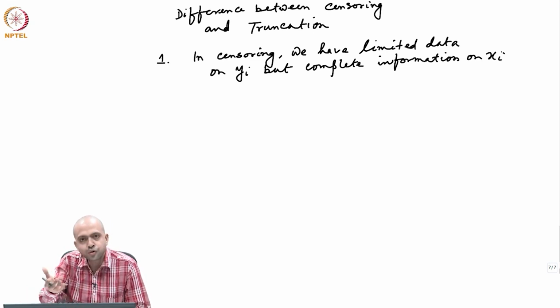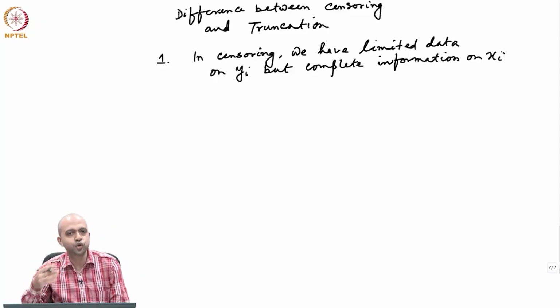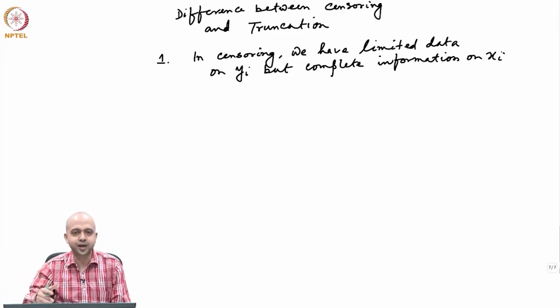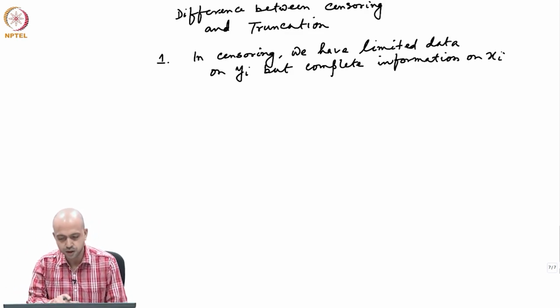Because even if you do not buy a car, I can always observe your income, right. So, that is why irrespective of whether you buy a car or do not buy a car, I can always observe your income, but unless you buy a car, I cannot observe your automobile expenditure. That is why in censoring, we have limited data on yi, but complete information on xi.